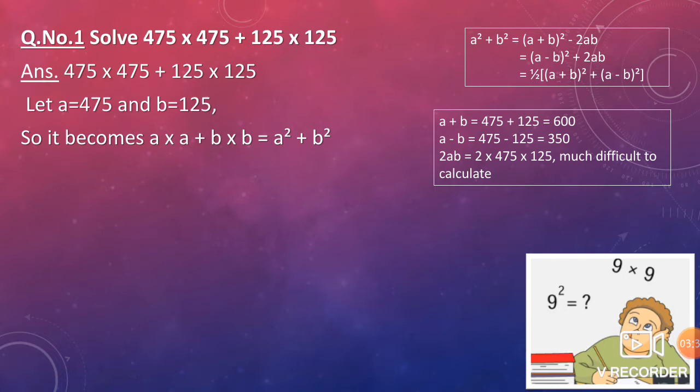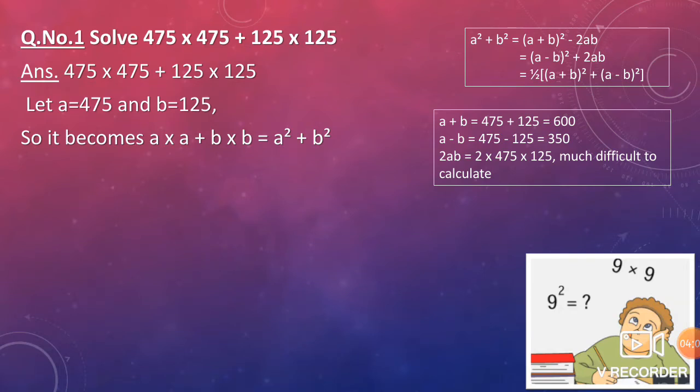In the case of 2AB, it is a bigger multiplication and it will take time to calculate. So considering all three formulas, in the final formula there are just additions. Even though squares are there, they are numbers with a few zeros, so the squares will be easier to calculate than finding 475 into 125 or 475 square or 125 square.